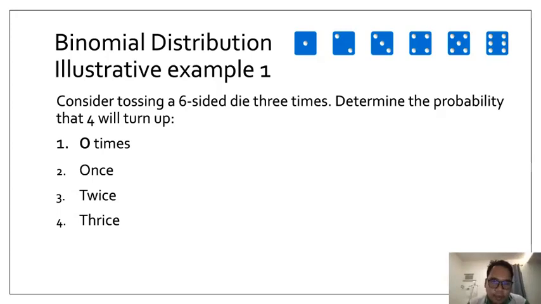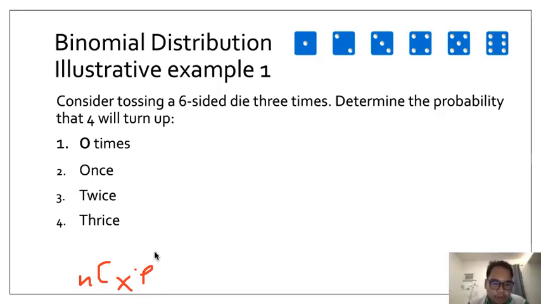We call that n trials, and we are particularly interested in getting x number of times our random variable. Our formula is nCx times the probability of success, which we denote as p.